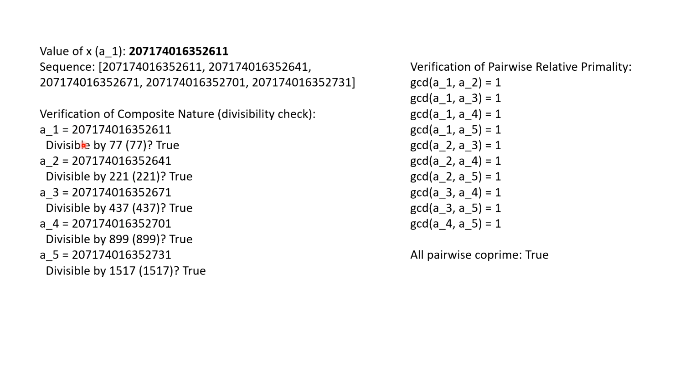So for the A1, it checked to see that 77 divided into this, and so we knew it was composite. Same thing for the second one, third one, fourth one, fifth one. And then here we just checked taking 2 at a time out of the 5 elements in our arithmetic progression. We checked to make sure they all had GCD 1, which it did, and then we just printed out that they're all co-prime or relatively prime, and we said that was true.